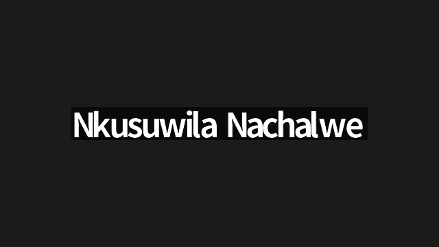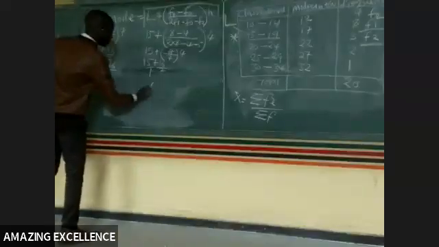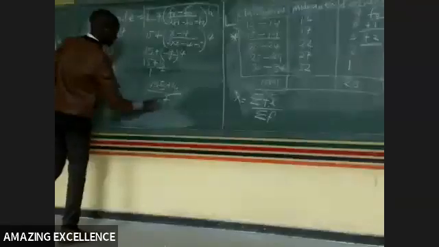So we are saying it is 105 over 7 plus 16 over 7.